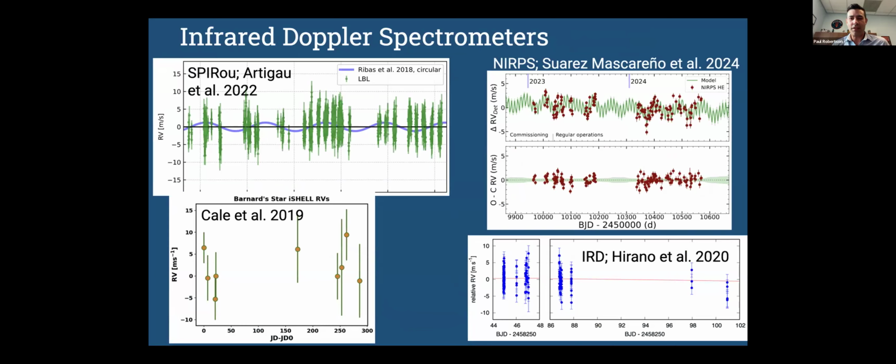And these are not all copies of each other. So some of them have adaptive optics, some of them have different wave bands, so it's more or less infrared. And yeah, SPIRou has polarimetry, so there are a lot of interesting features that potentially help us either get better precision in the infrared or better understand the stellar variability of our targets.